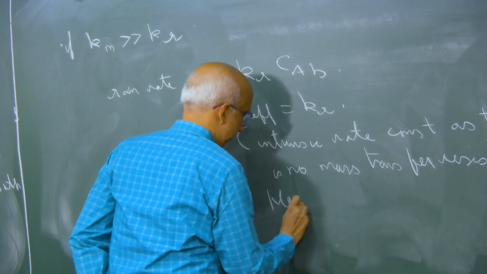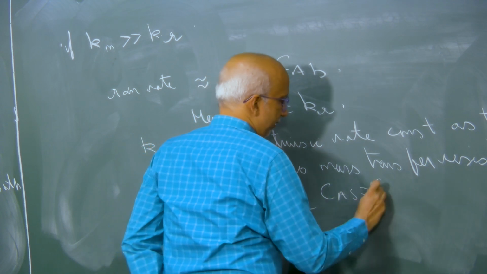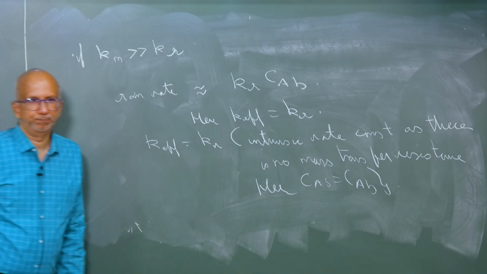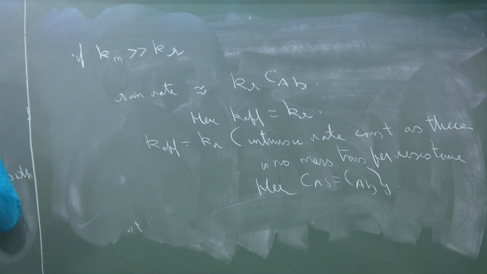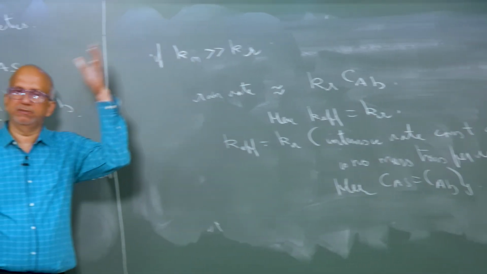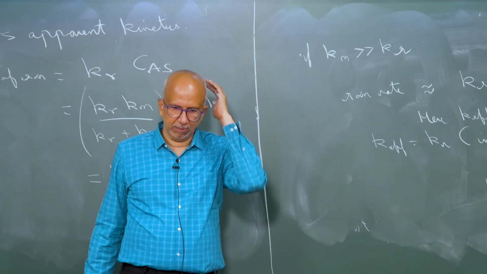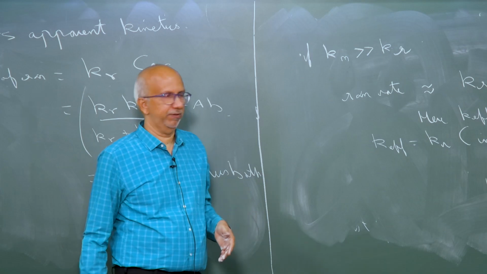Here CAS equals CAB. Okay. So, there is no mass transfer resistance, directly CAS is equal to CAB. So, reaction rate is Kr multiplied by CAB, that is my K effective.